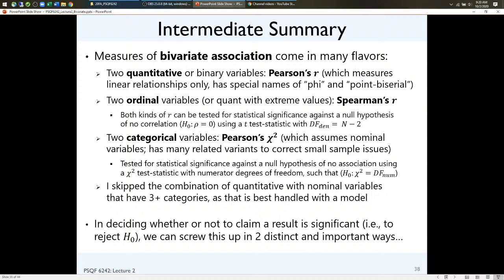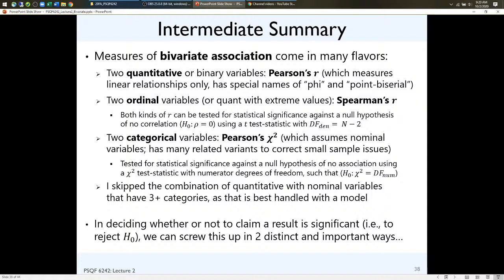For variables that are categorical, measures of association tend to be formed from contingency table analysis and result in Pearson's chi-square. So this one is different in that the direct result of the analysis is the test statistic, and you have to work backwards to be able to get an effect size.